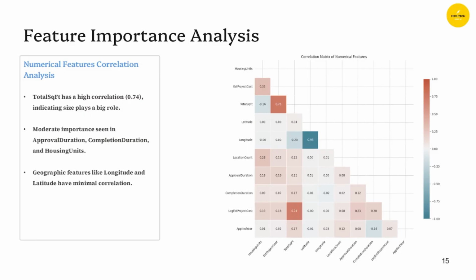Based on it, we can see that total square feet is highly correlated with both the estimated project cost and the log estimated project cost. Moderate importance is seen in approval duration, completion duration, and housing units. Geographic features like longitude and latitude have minimal correlation, so we will not consider them when we do the model training.